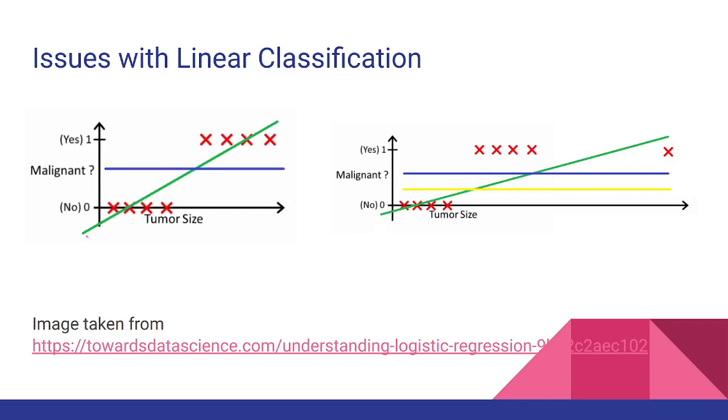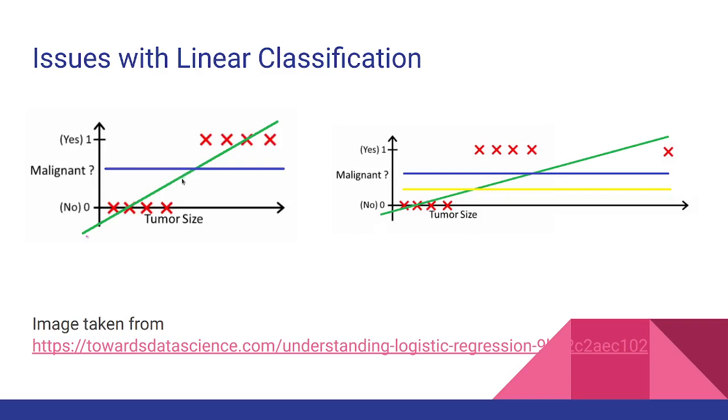Once again. So here you can see this line: here it is 0, here it is 1, in the middle it is 0.5, okay. So this is basically the linear classification line. When we have this line and we have a new tumor, suppose here, we have to see whether it is below this line or above this line.